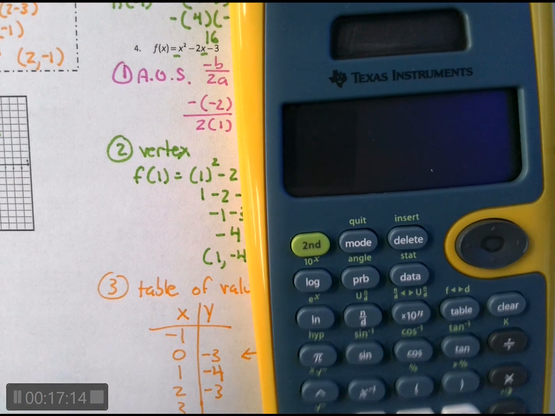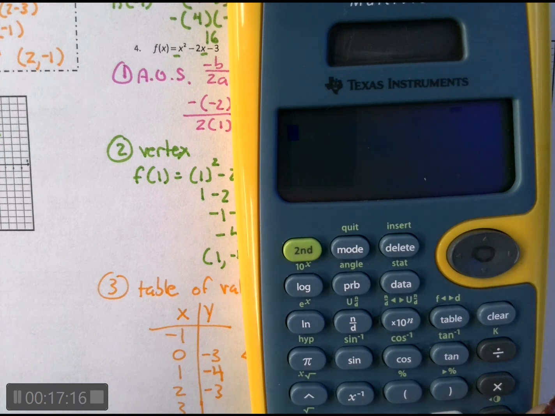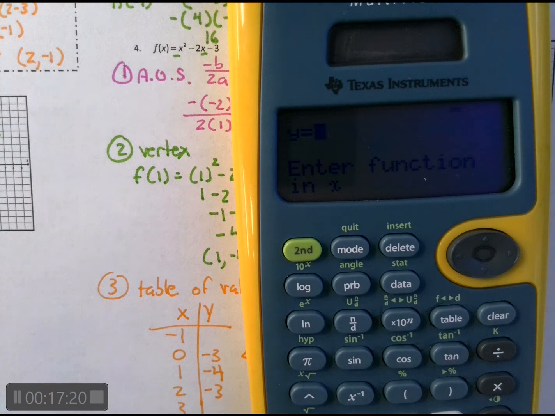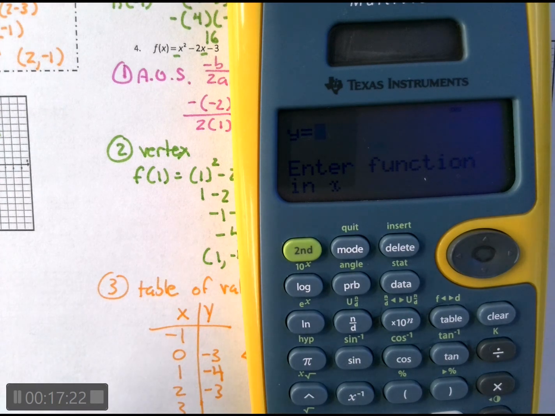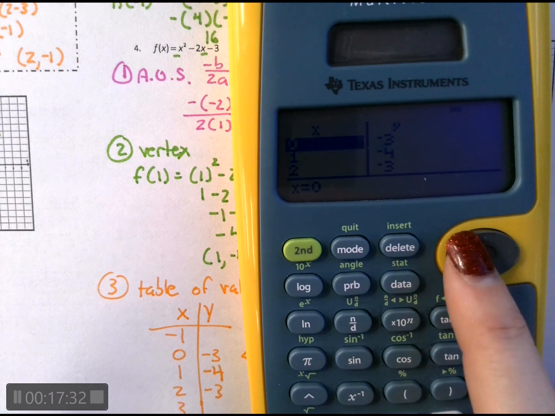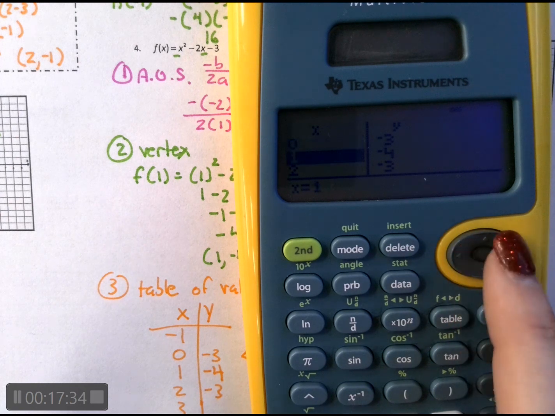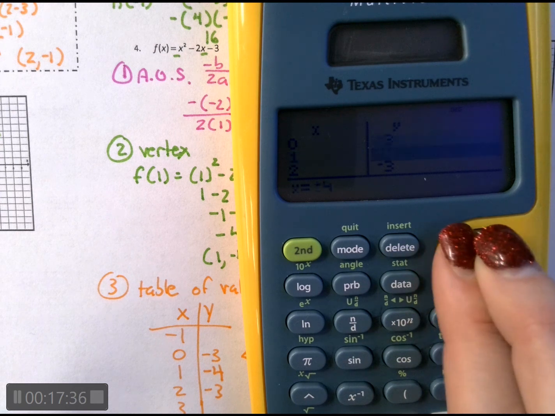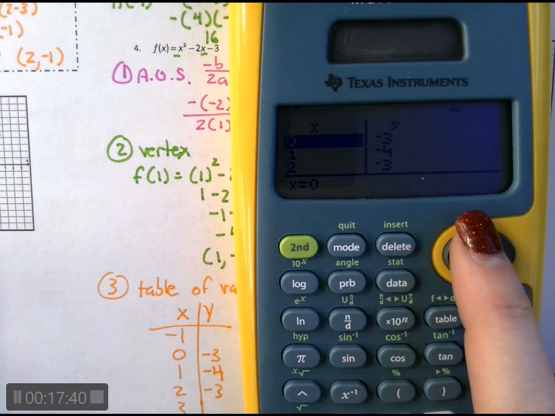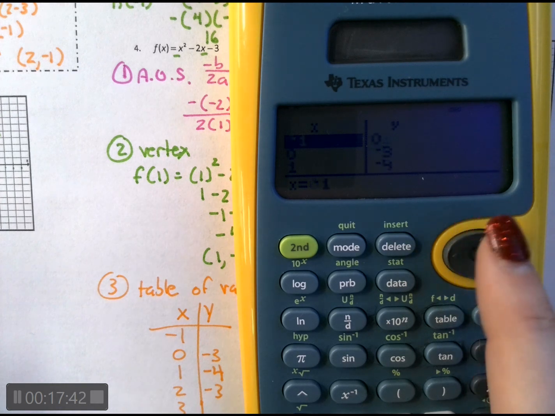So then all I have to do is use our calculator, and we'll find the rest of our table of values. So we make sure that our calculator goes on, we press the table button, I think you can see that, and then we have x squared minus 2x minus 3. Whoops, and I forgot to start up my vertex, but there it is, 1, negative 4, and then you can see 0, negative 3, and 2, negative 3.